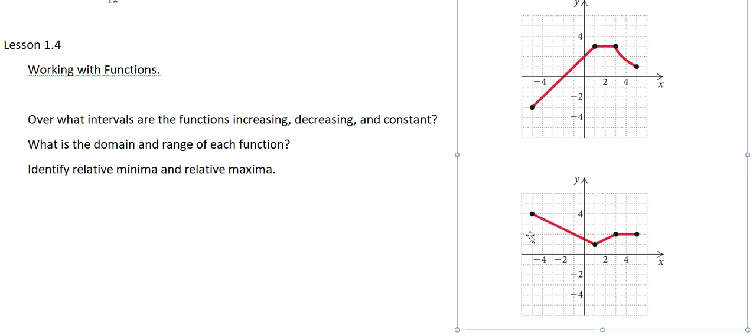Okay, so from x equals -5 to x equals 1, this function is decreasing. It's got a negative slope. From x equals 1 to x equals 3, the function is increasing. And then from x equals 3 to x equals 5, it again seems to be a constant function, and that constant value is 2. And of course we can see where our relative minima and maxima are.